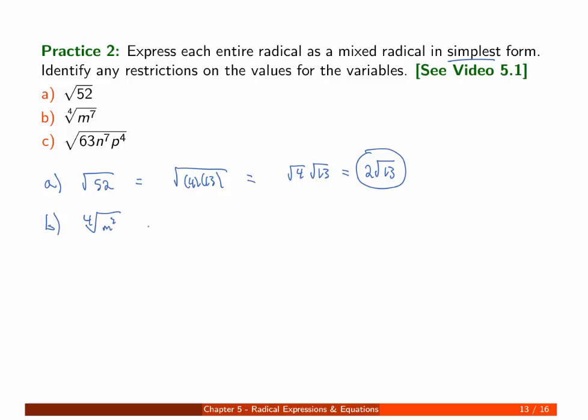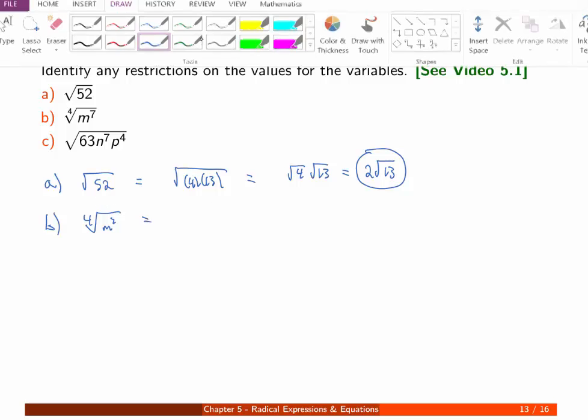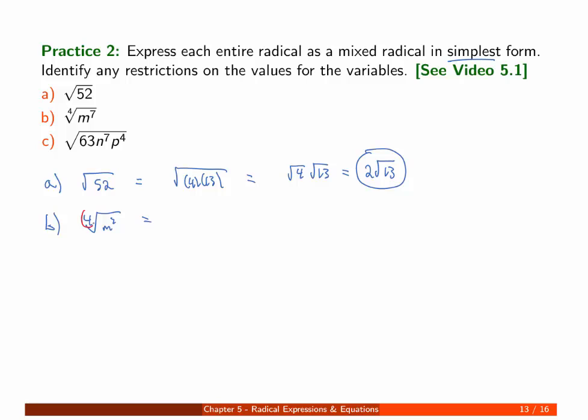Okay, the next one is 4th root of m to the 7. So basically the index will tell me what type of value I want to take out here. And I want to take out m to the 4 because the 4th root of m to the 4 would just be m. So in this case, I'm going to rewrite the inside as m to the 4 times m to the 3.